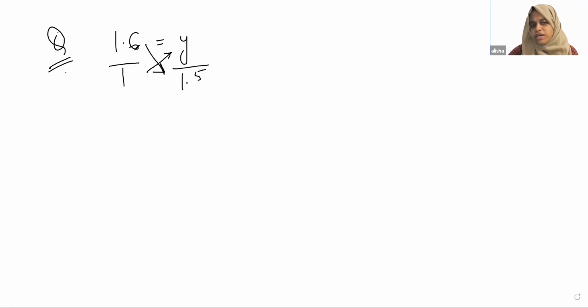Why have we cross multiplied? Since we know that whenever we take numbers from one side of the equality to the other side, the signs will change. Right, Suman? Yes.